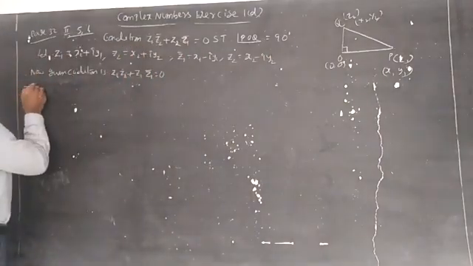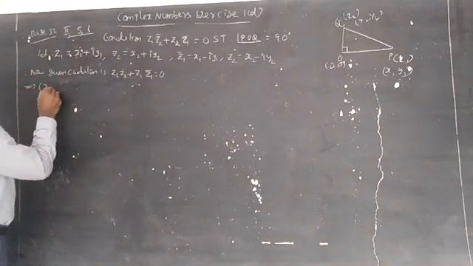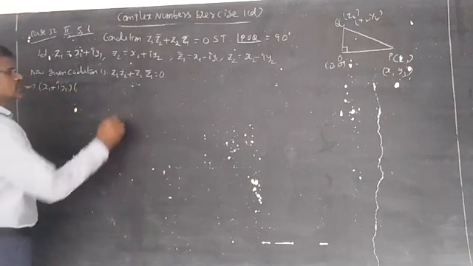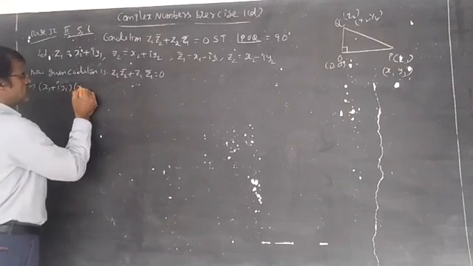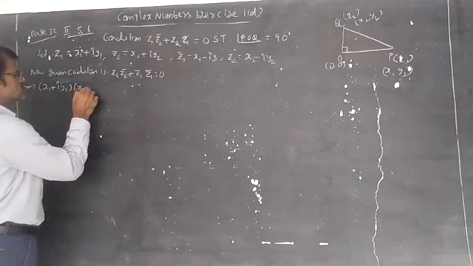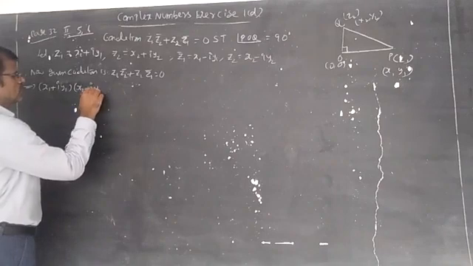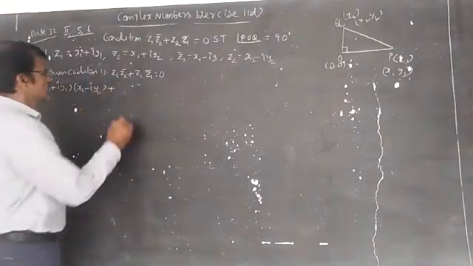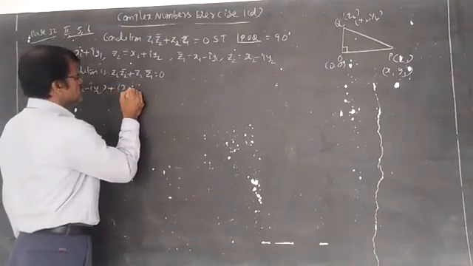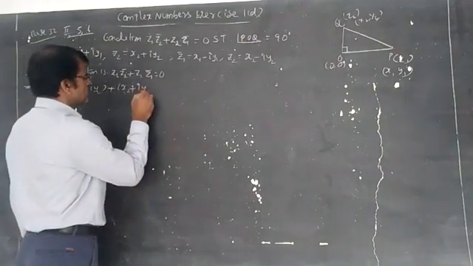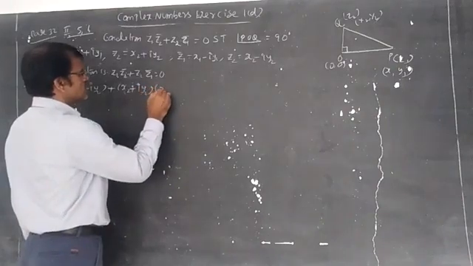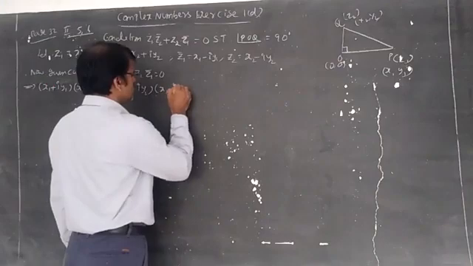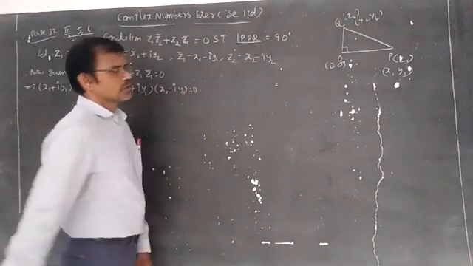That implies, substituting the values, instead of Z1 you write (x1 plus i y1) into Z2 bar, Z2 bar meaning (x2 minus i y2), plus Z2, meaning (x2 plus i y2), into Z1 bar, meaning (x1 minus i y1), is equal to 0.